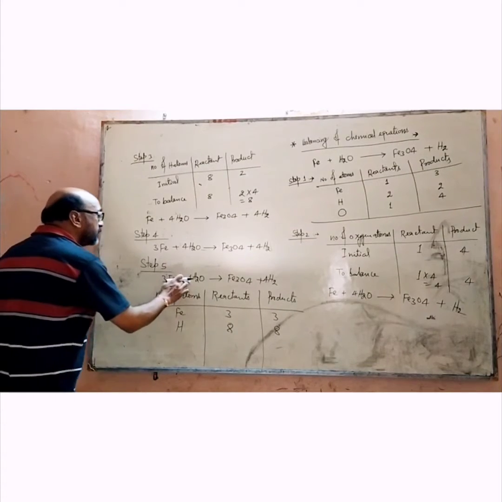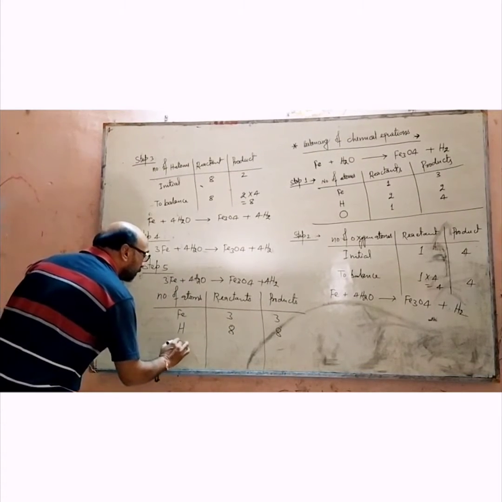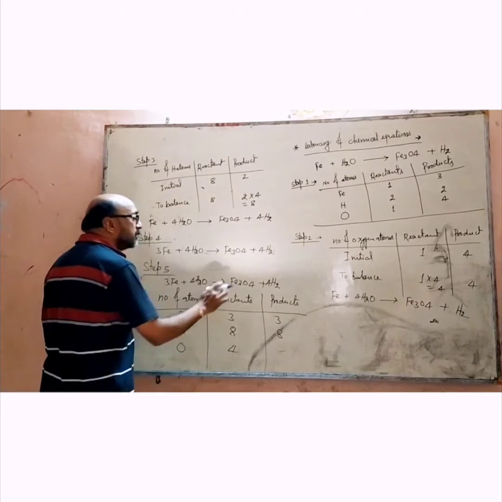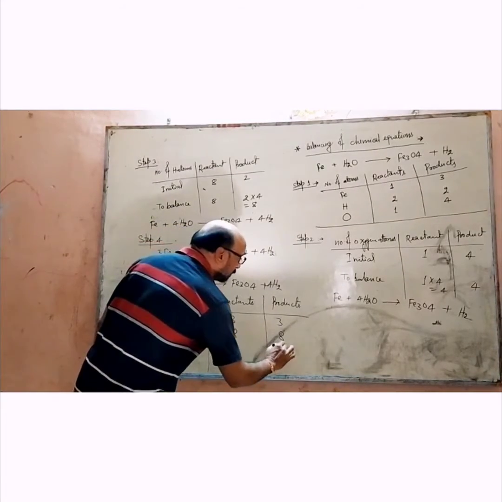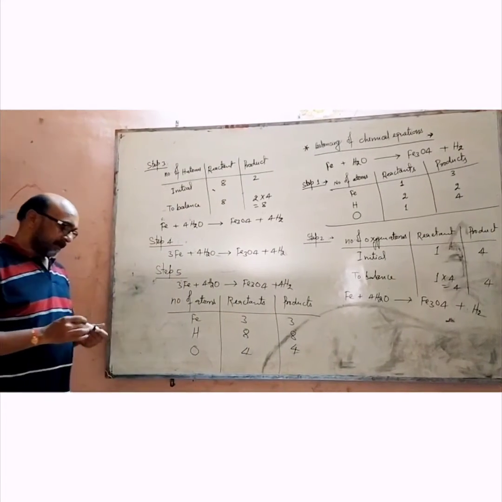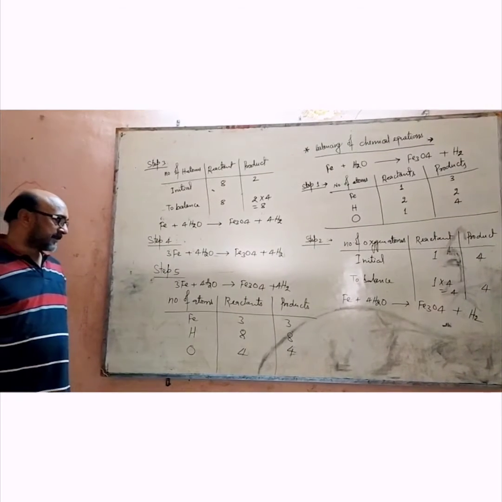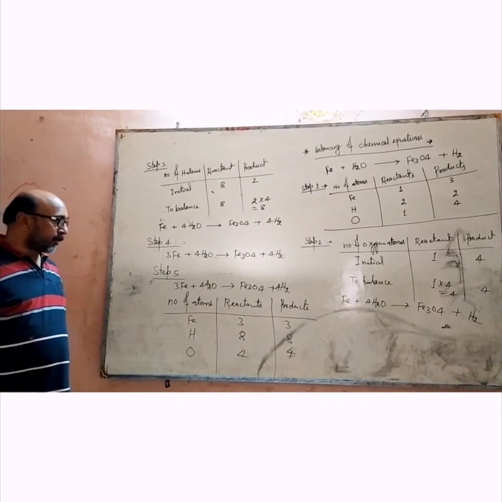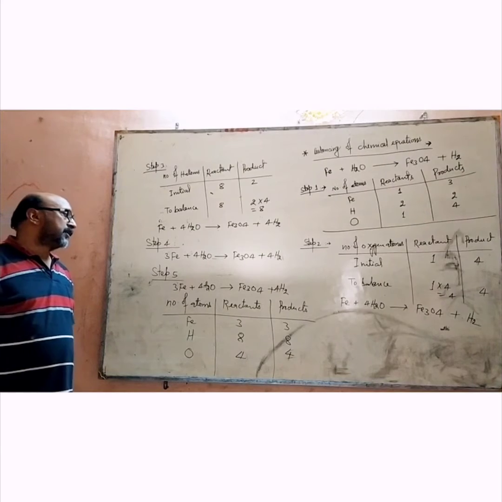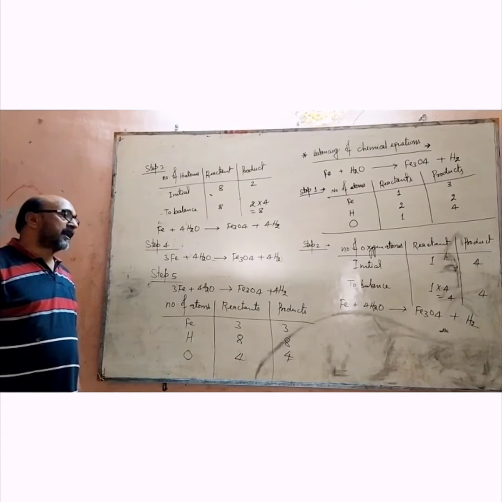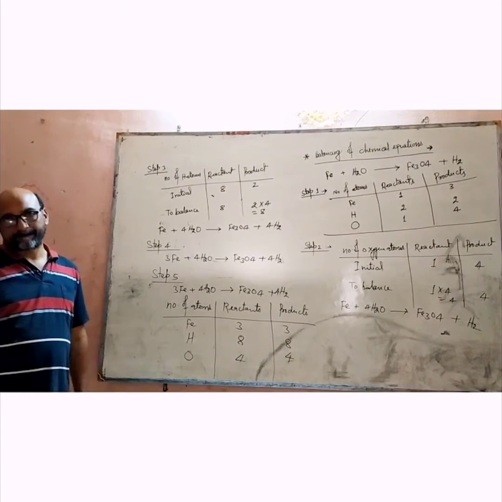The number of oxygen atoms is 4 in the reactant and it is also 4 in the product. Hence, we have checked that the equation is correctly balanced.